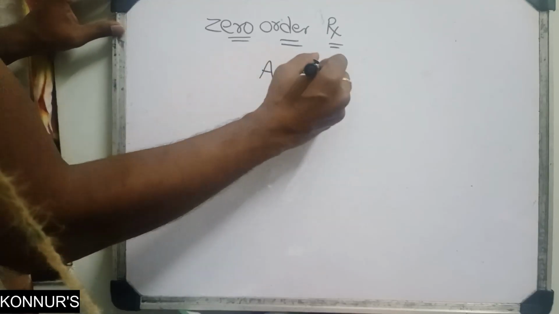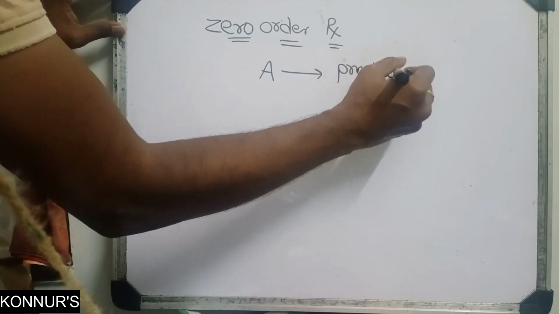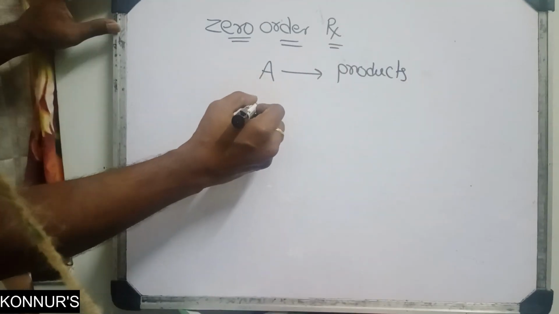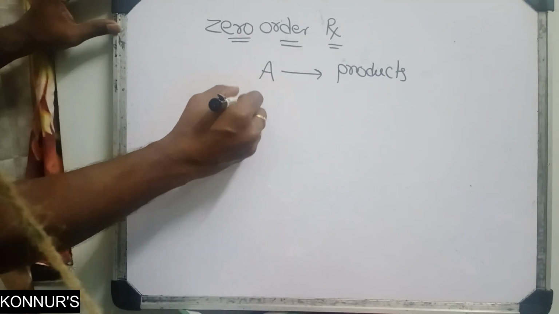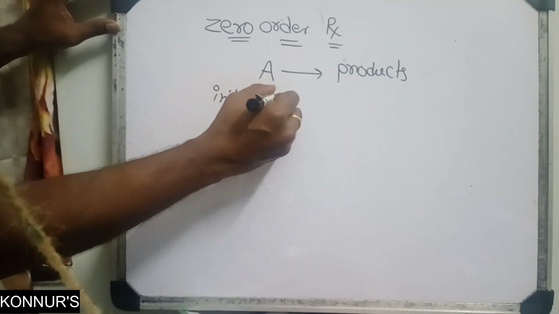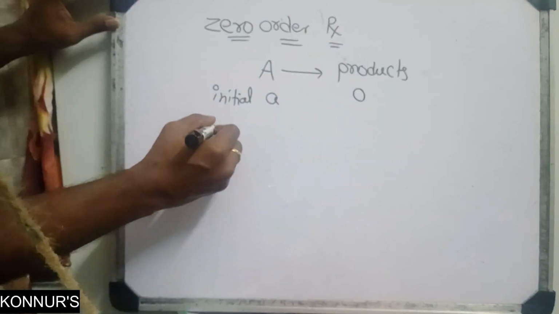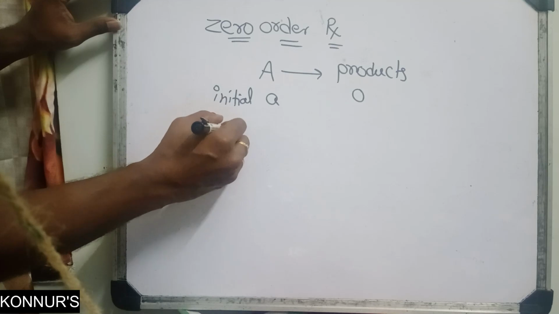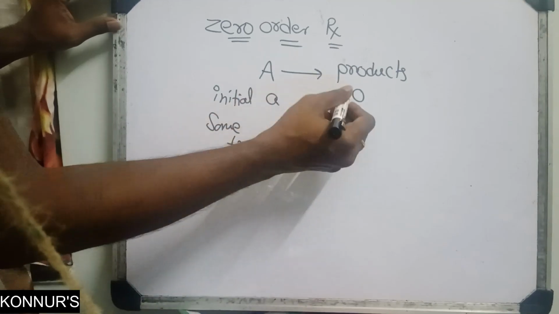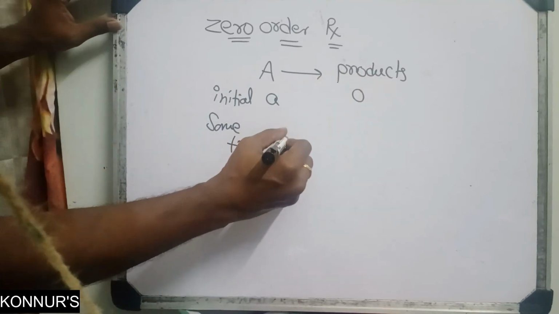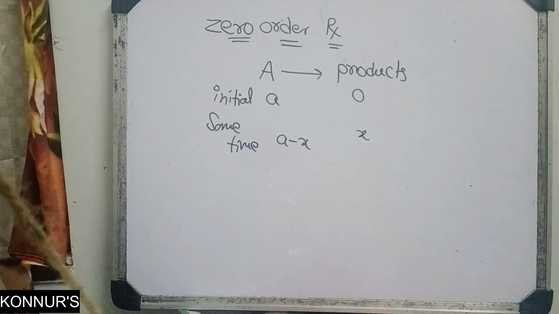Suppose you take A gives rise to products. Initially, at the starting, you take A concentration. After some time, some amount of reactant converts into product. So that is A minus x, and this is x.